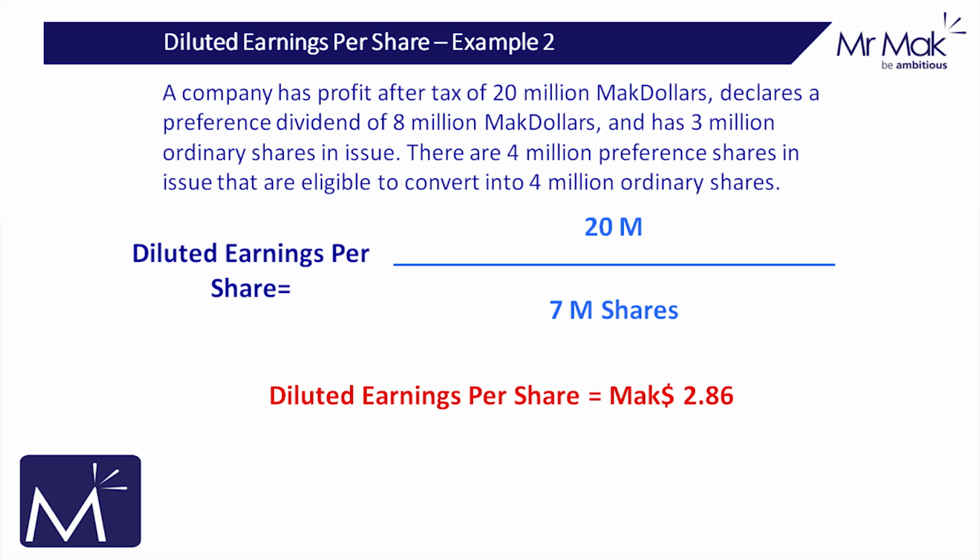So we divide by 7 million ordinary shares. That would give us diluted earnings per share of 2.86.